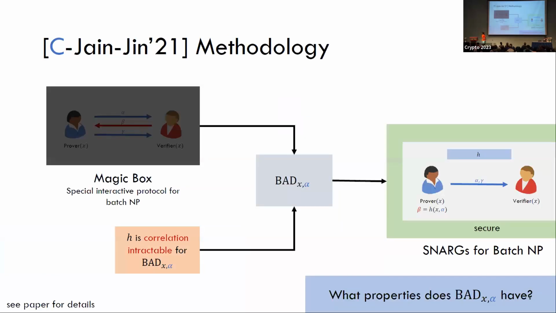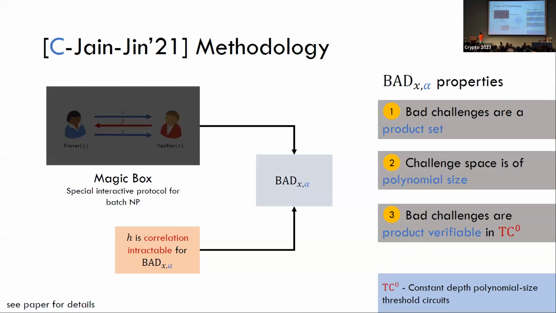Great. So what are the exact properties that this magic box gives us for bad? Specifically that it's a product verifiable set where the challenge space is polynomial size. And further, the product verifiability happens in TC0, and these are circuits that are of constant depth with threshold gates. Cool.